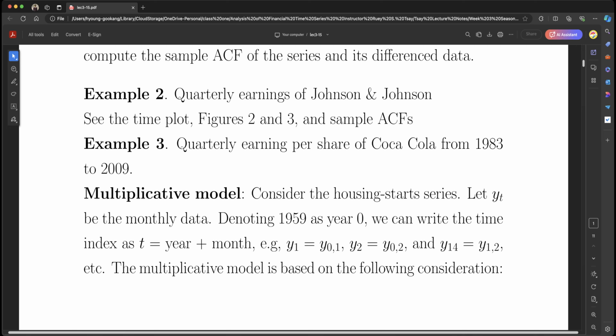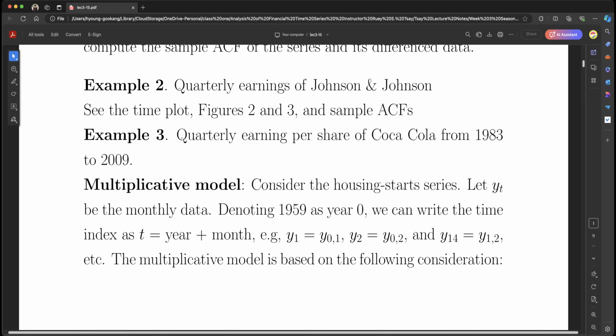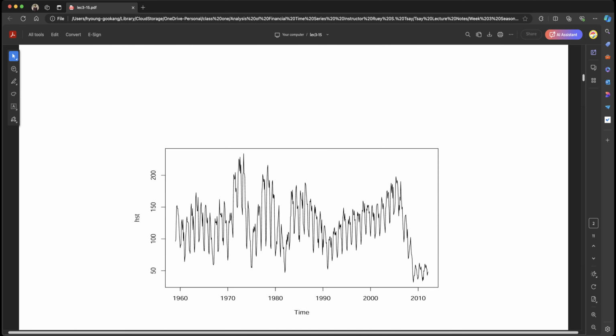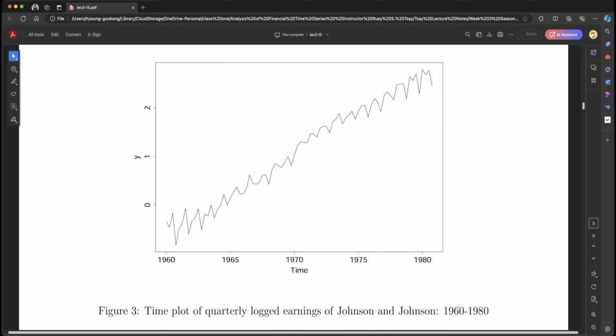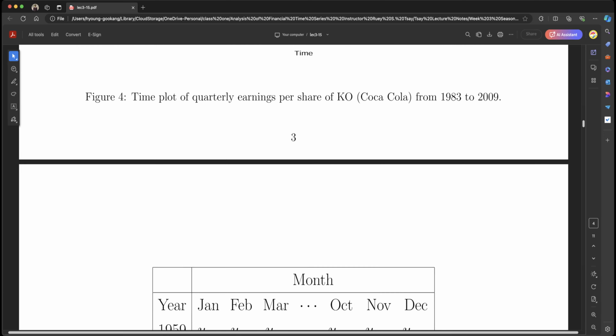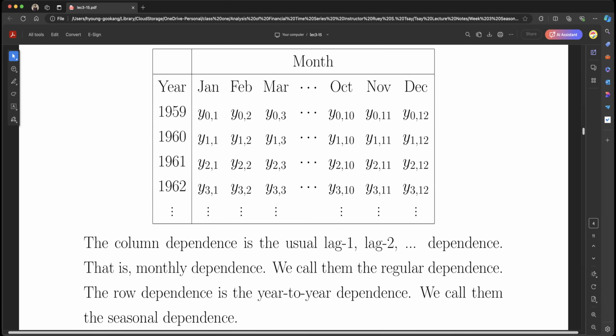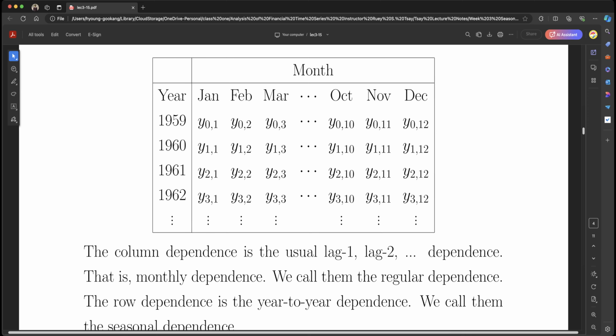Okay. The multiplicative model is based on the following consideration. In order to model monthly seasonality, we have a month and we have a year.